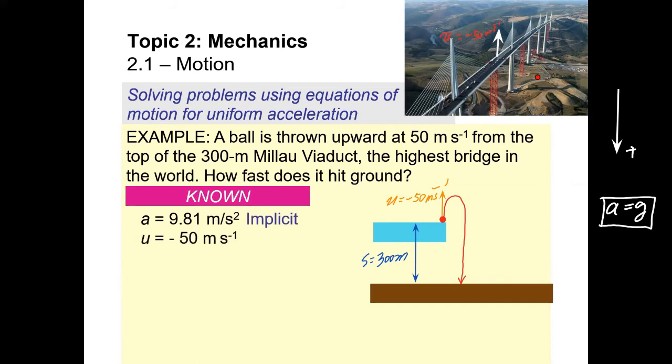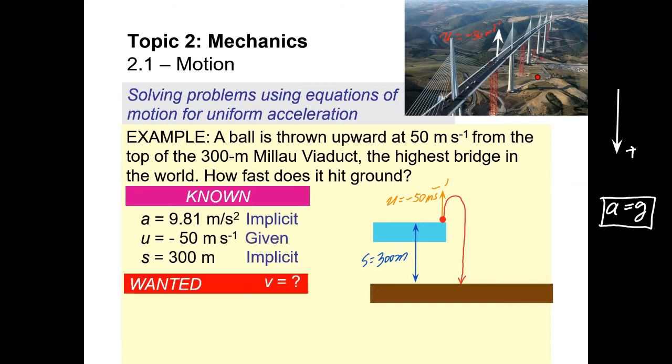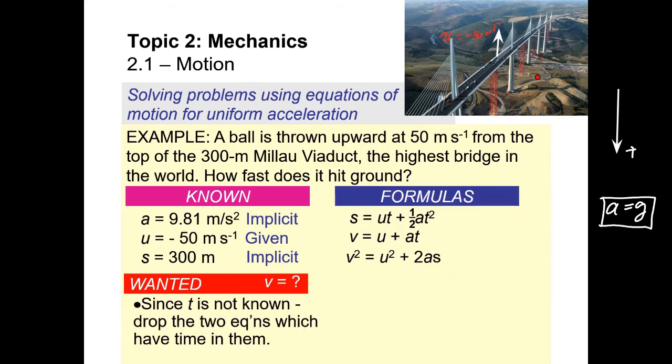Implicit: the initial velocity is minus 50 meters per second because the ball is thrown upward, and we choose downward as the positive reference. Given. We want the final velocity, just before hitting the floor. Since t is not known, we cross out the two equations which have time in them.